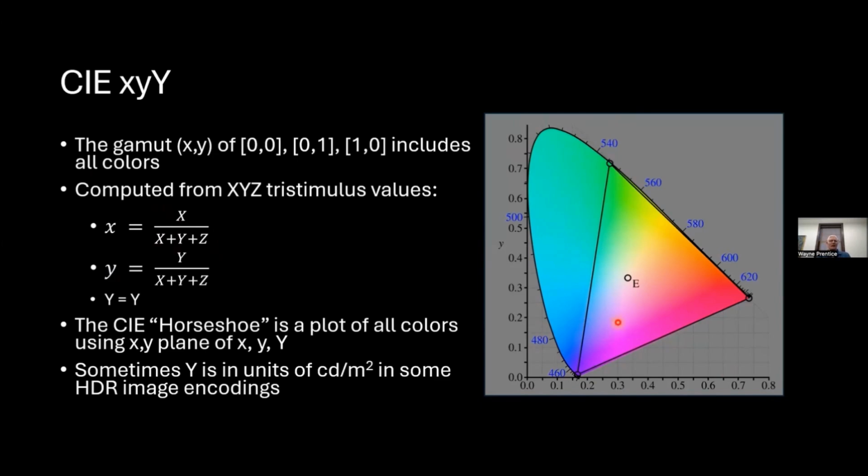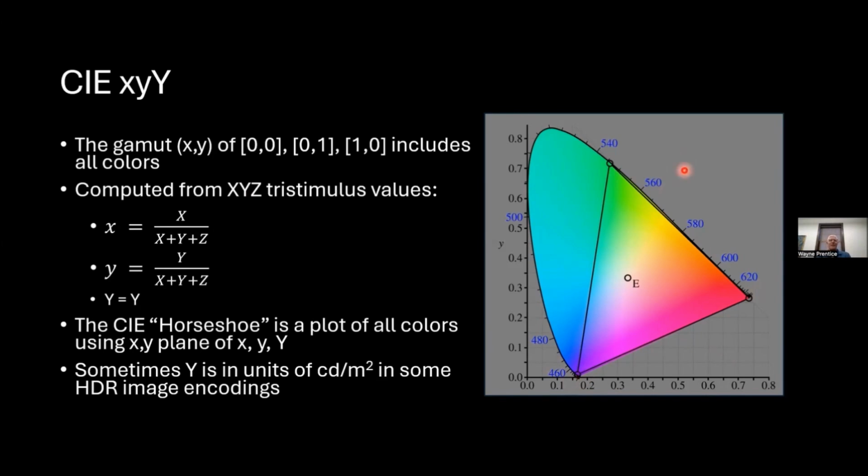And a thing to note is the gamut of this, of course, is the coordinates of the system, and it includes some space where it's physically impossible to create a color. So again, this locus along here are single wavelength emitters, and if you're emitting less than a single wavelength, you're dark.